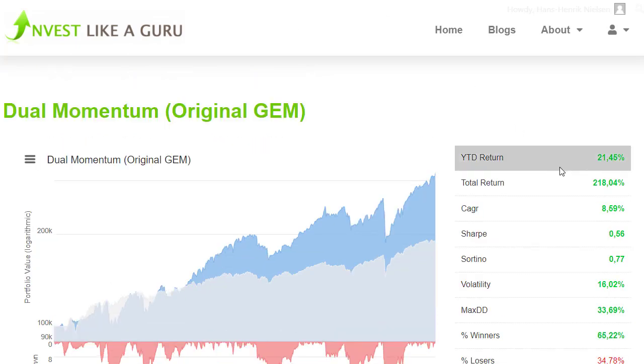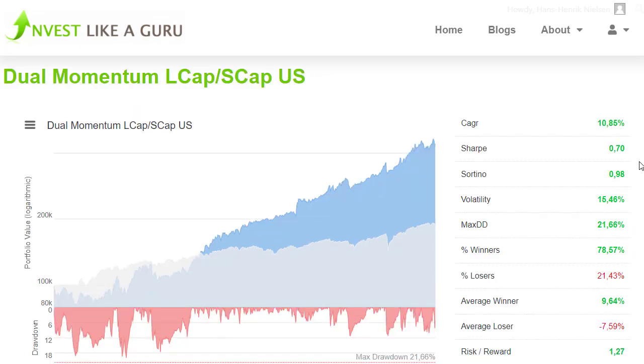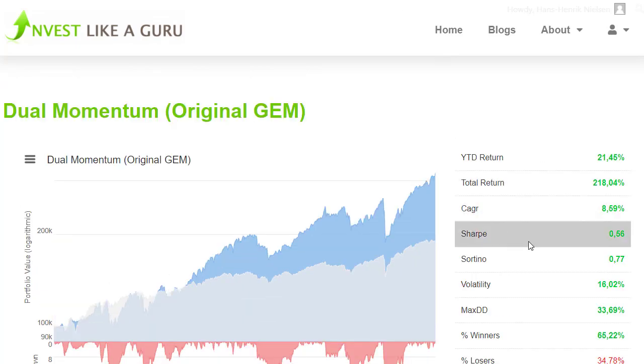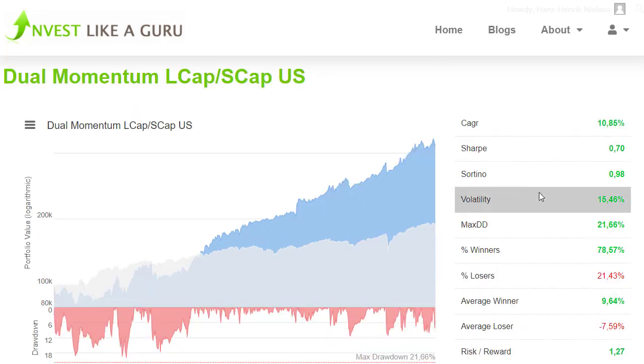You also may remember that the Sharpe went up from 0.56 to 0.7, which is also a big jump, and the max drawdown went from 33-34% down to 21.6%. So you cut about a third of the max drawdown, which is also important.